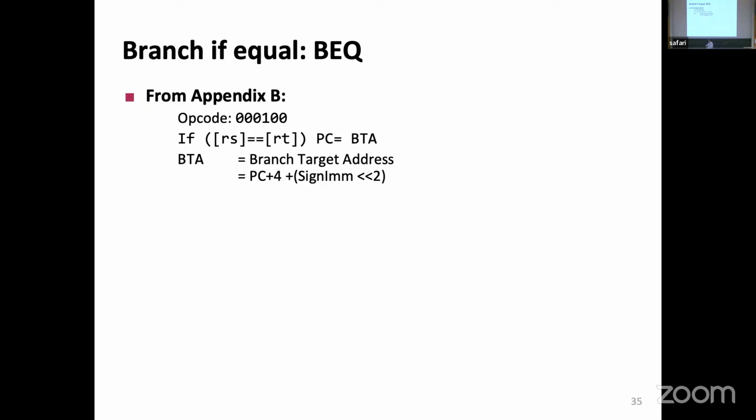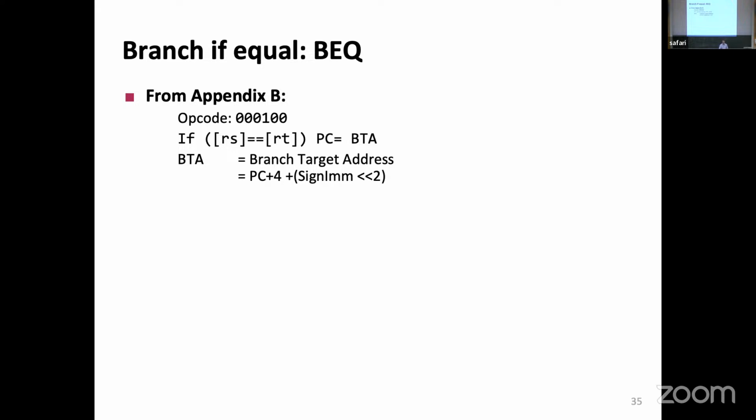Well, if I wasn't doing any manipulation, it was already pointing to 4 more. And on top of that, I will add whatever immediate, whatever constant I have stored in the branch equal instruction. So I compare these two registers. If they are equal, I add that constant to the program counter.